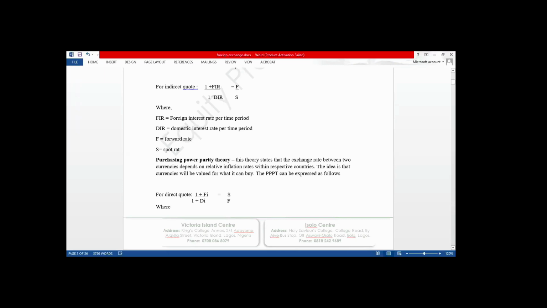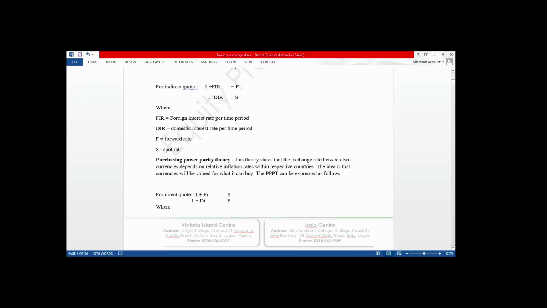The purchasing power parity theory can be used to predict future exchange rates between two currencies, provided we know the inflation rates and we are given the spot rates.